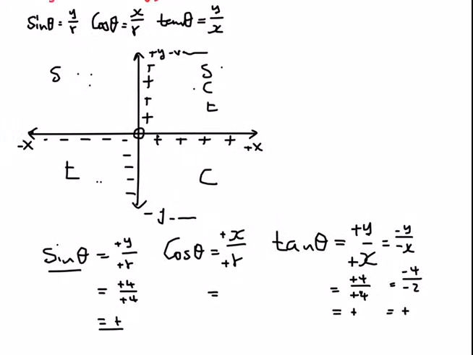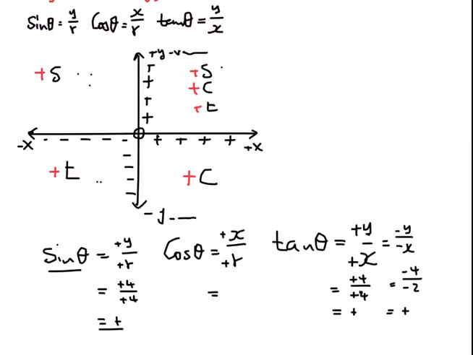So that means, honorable members, or a member who is honorable, sine is positive in the second quadrant, cos is positive in the fourth quadrant, tan in the third, and all of them are positive in the first quadrant.